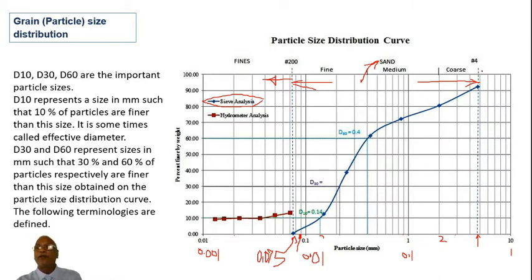And if you have particles greater than this size, then we'll call it gravel. So on the size distribution curve, these are the salient vertical axes that one has to show. These two dotted vertical lines are indicating the classification.